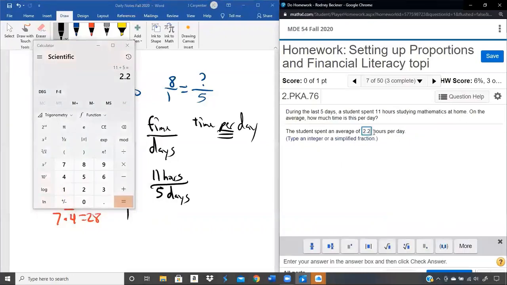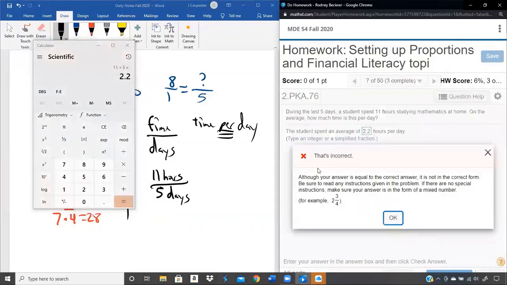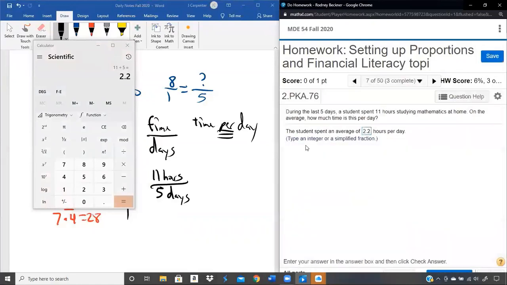So if I type 2.2, which is a pretty good answer, it says wrong. Although your answer is equal to the correct answer, it is not in the correct form. This is something I've tried to warn you about multiple times. They said to type an integer, which basically means whole number, positive or negative, or a simplified fraction. Because the answer was a decimal, and sure, in the real world, nobody's going to care, but here my math lab wants a reduced fraction.